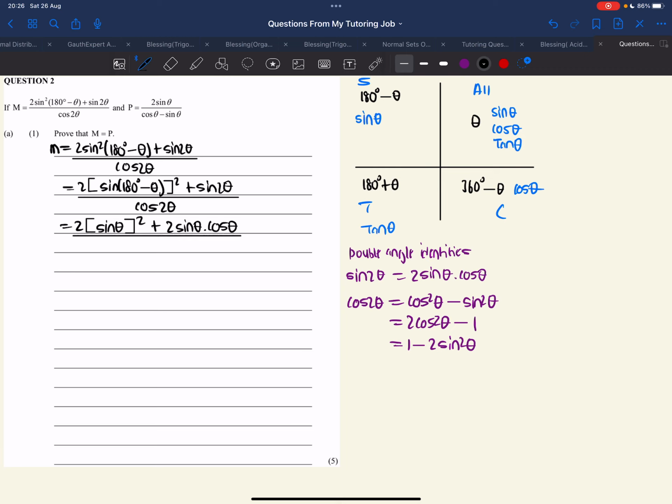And now let's see. Seeing that in p we have cos theta minus sine theta, I think the most possible identity that we can choose for cos 2 theta has to be this one. Because if we choose the others, it will be impossible for us to have that.